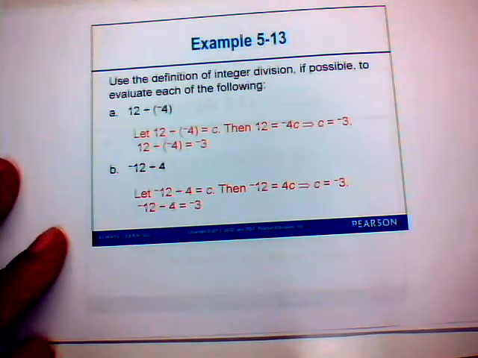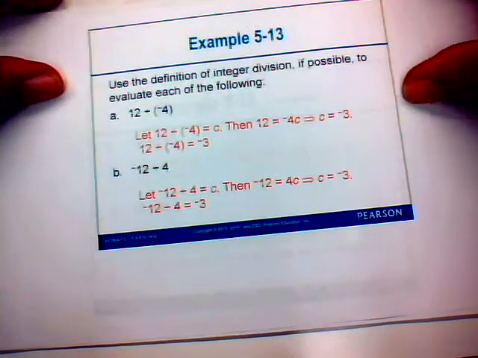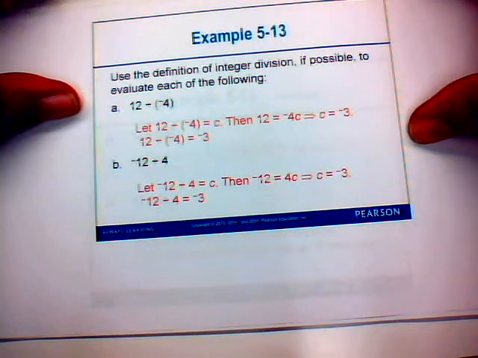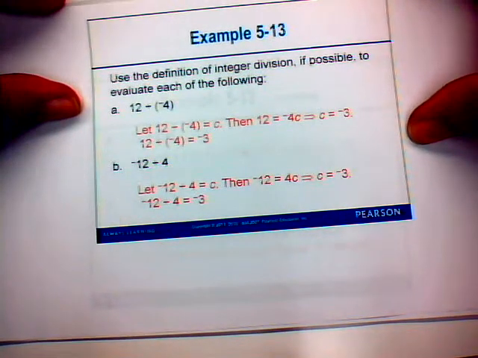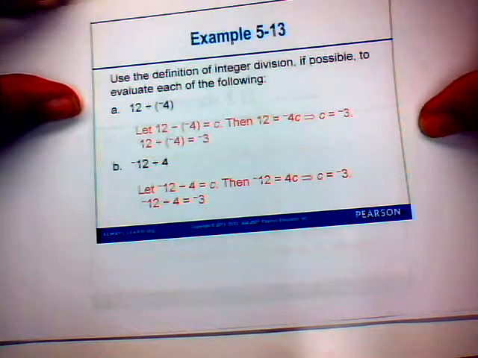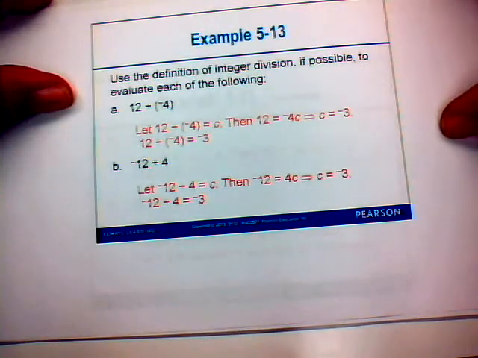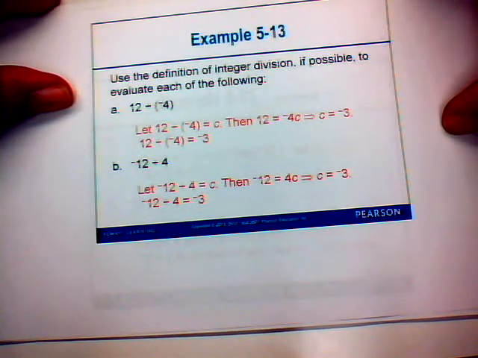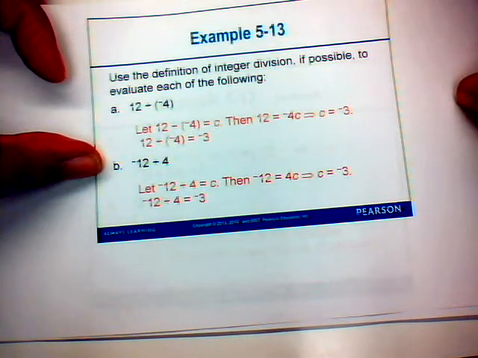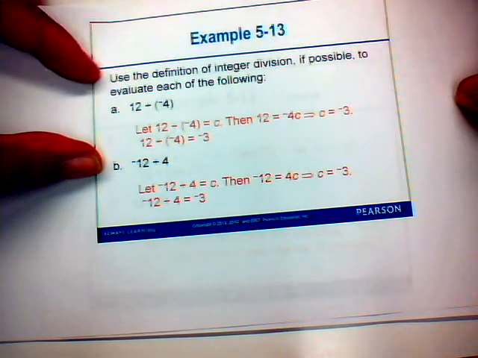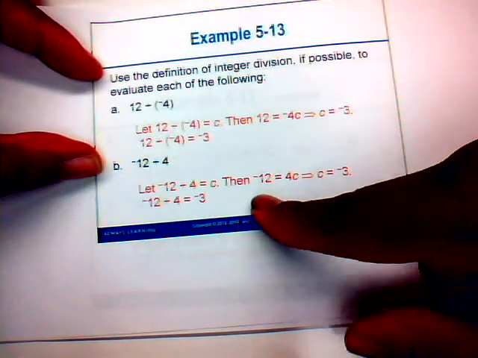And we're going to use that definition, if possible, to evaluate each of the following, like 12 divided by negative 4. In other words, you want to find out negative 4 times some number c, which will give you 12. In this case, it would be negative 3. So here, 12 divided by negative 4 is equal to negative 3. And then part B, negative 12 divided by 4, meaning 4 times some number c would give you negative 12.